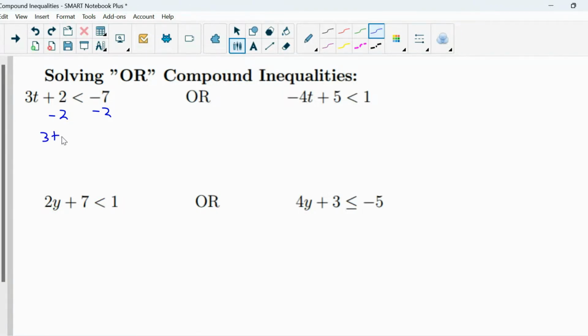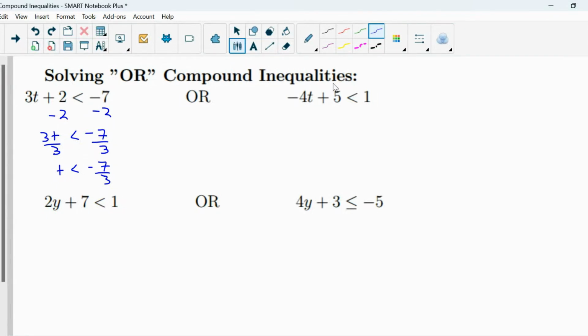This gives us 3t is less than negative 7. To isolate our variable, we will divide both sides by 3, leaving us with t is less than negative 7/3. And we will have to leave it as a fraction.